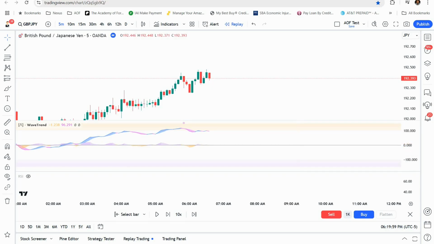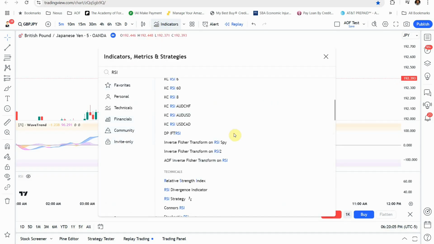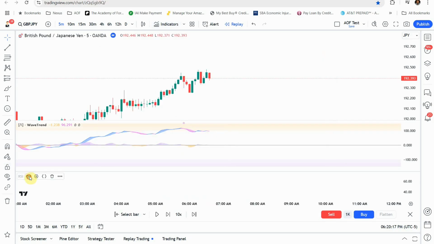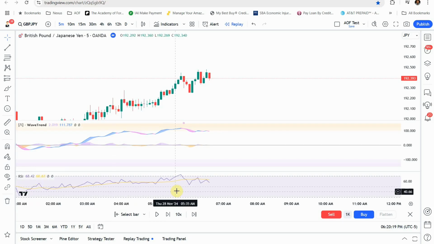The next indicator we will add is just a standard RSI, the relative strength index right here. It's a built-in TradingView indicator, under the technicals in the indicator list. Click on that and add it to the screen, and this one also stays on the default settings. We won't change anything on that.